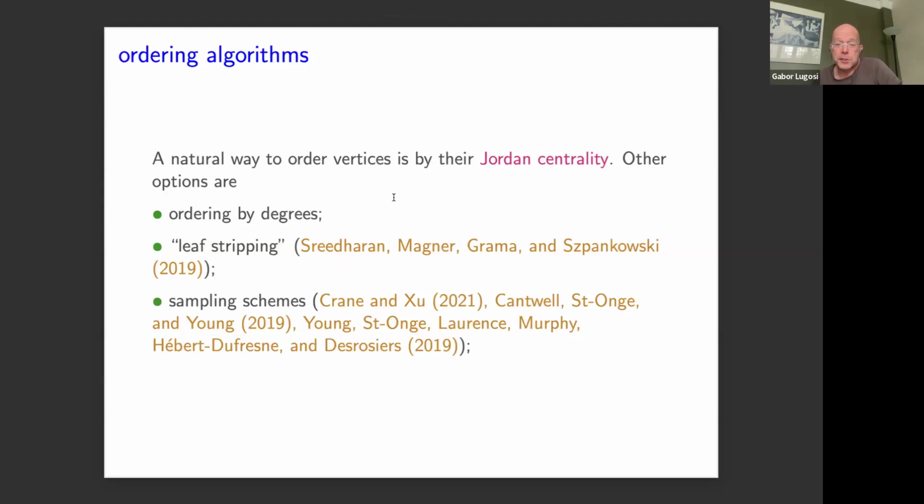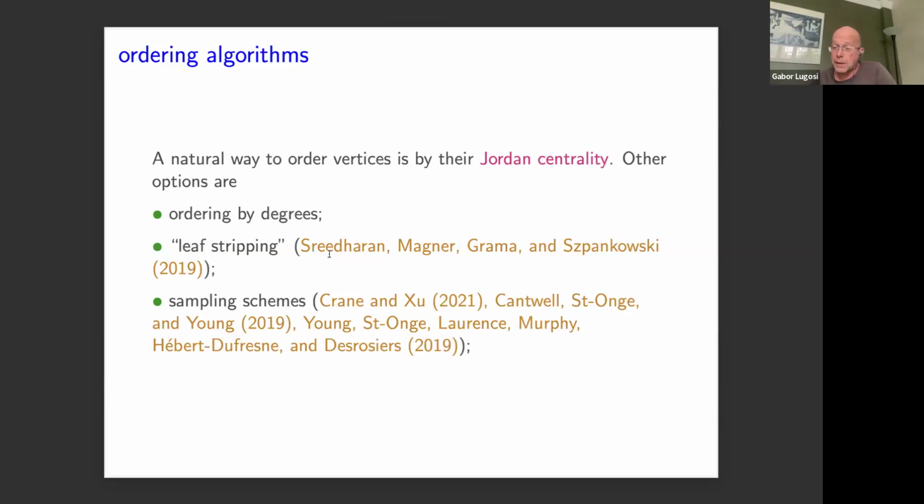And what we managed to analyze is what happens if we order vertices by their Jordan centrality. Remember, Jordan centrality just orders vertices by the sizes of the largest subtrees.